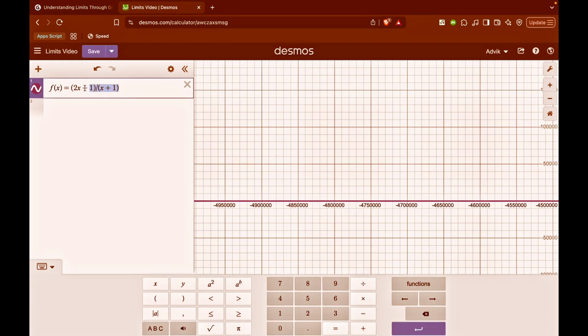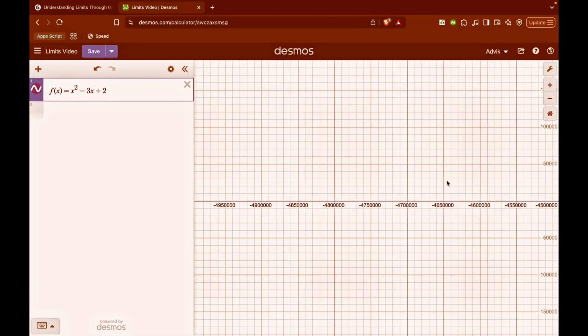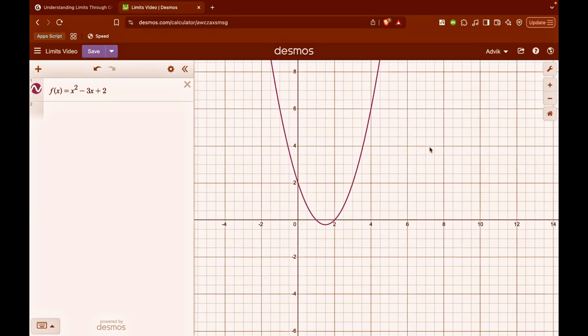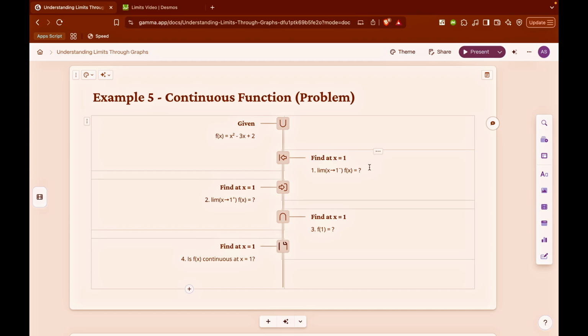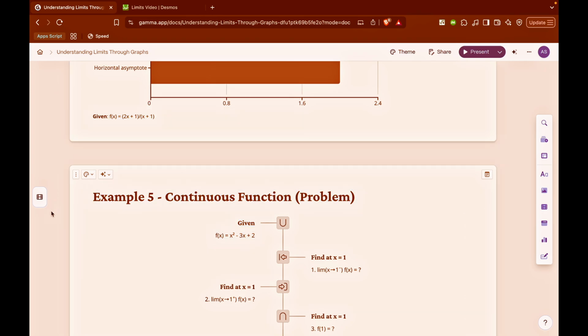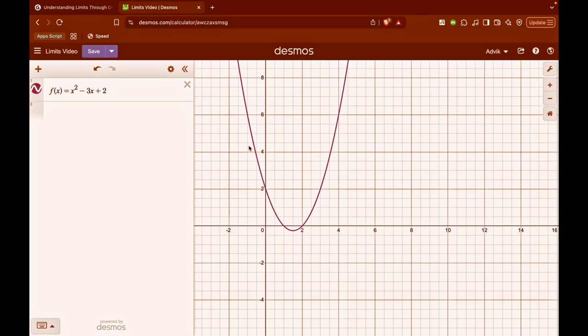So, we have f of x is equal to x squared minus 3x plus 2, and as you can see, we have a simple quadratic. So what we have to do here is, if we're approaching x equal to 1 from the left-hand side, that means we have to start from less than 1. So 1 is around over here.